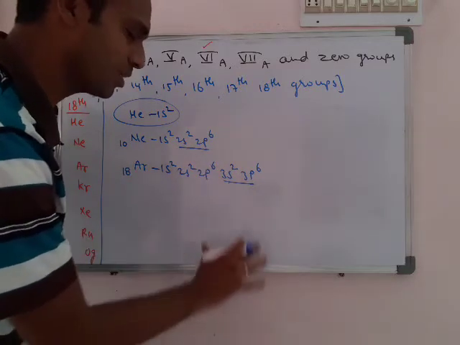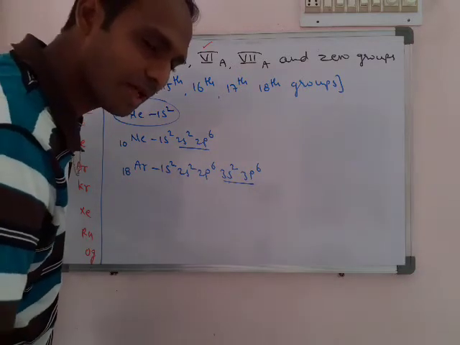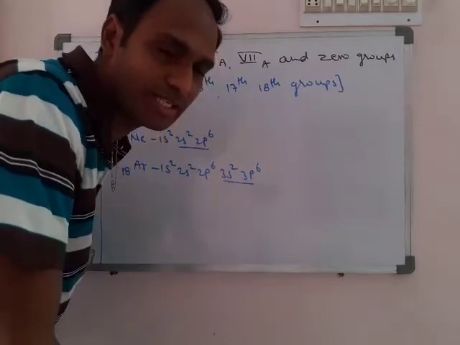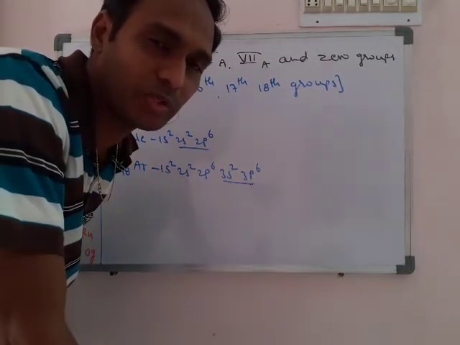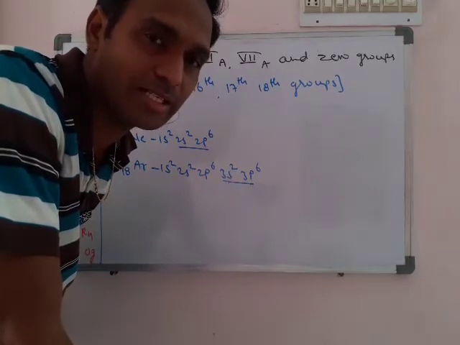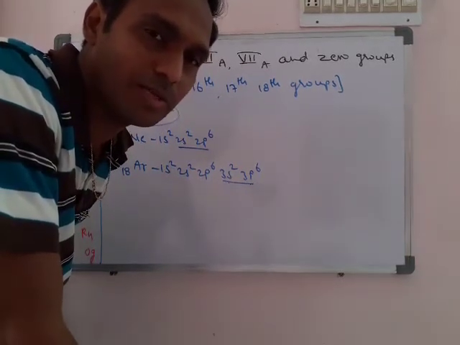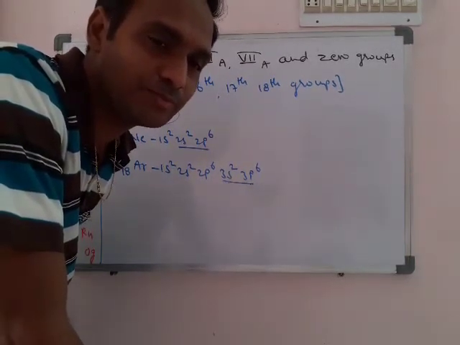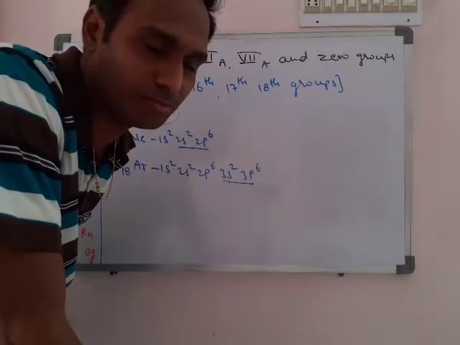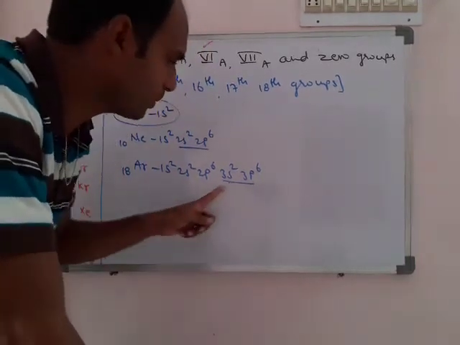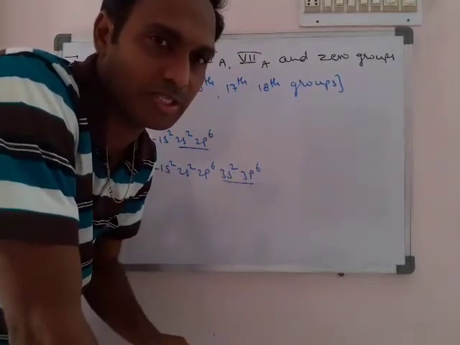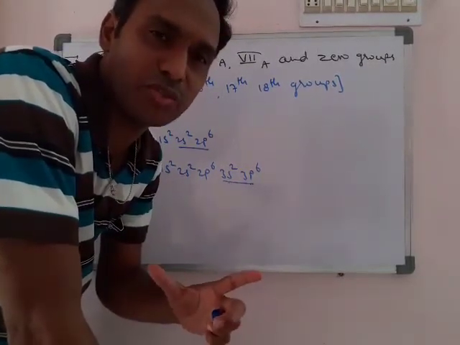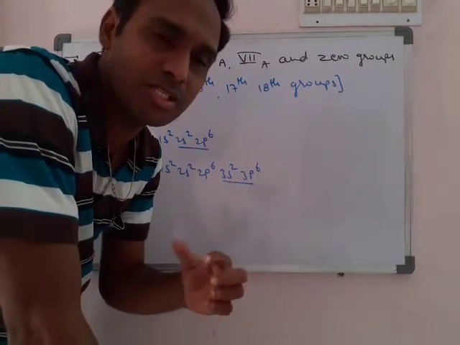S2p6 means all noble gases have 8 electrons in the valence shell. So that's why we said they follow the octet rule. They are highly stable. All other elements also want to get this type of configuration because it is stable, right? So the configuration with 8 electrons, s2p6, we call the octet configuration. The octet configuration generally has greater stability.